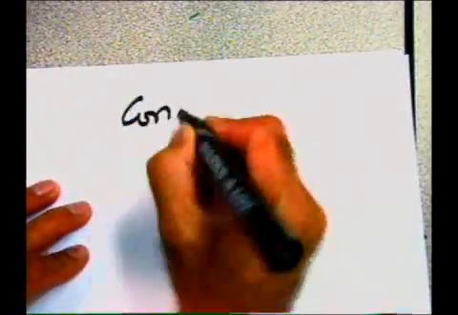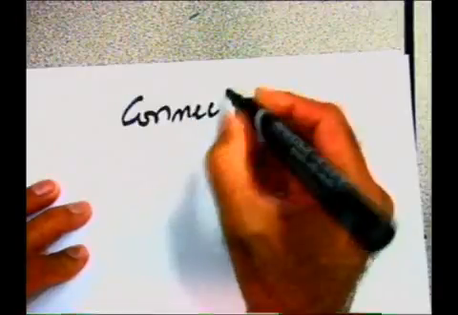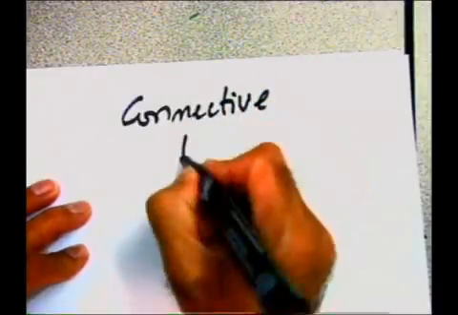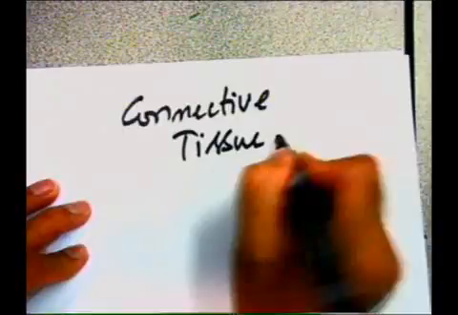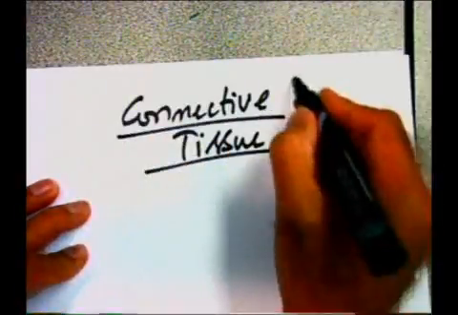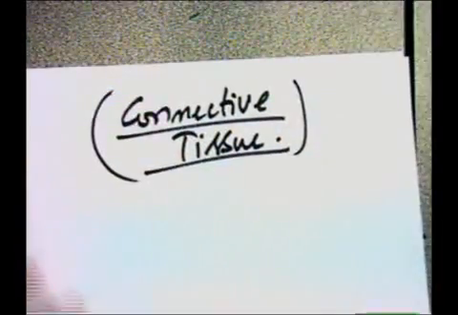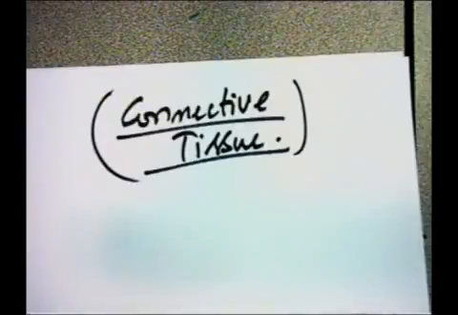The next lecture is about connective tissue. The primary tissues which we discussed earlier are epithelial tissue, connective tissue, muscle tissue, and nerve tissue.